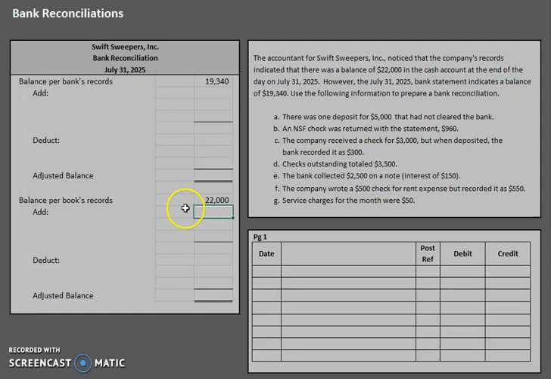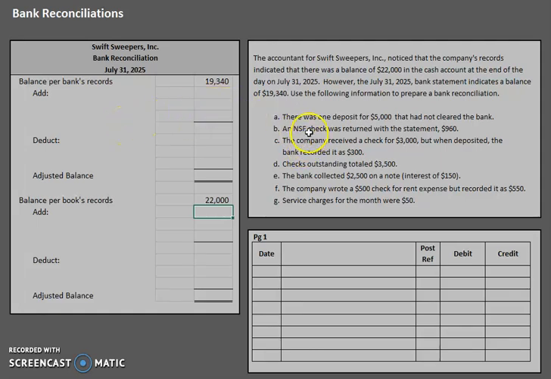So now that we have our balances, let's take a look at the additional information. Here it says that there was a deposit for $5,000 that had not cleared the bank. So this is called a deposit in transit, and what this typically means is that we would have made a deposit probably at the end of the day on July 31st or over the weekend when they aren't open, and so the bank does not know about this deposit.